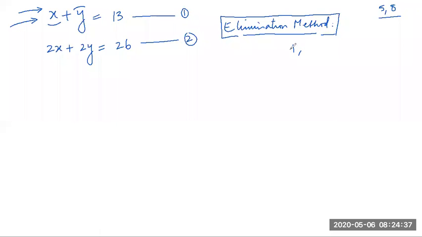Beautiful, this is a solution of the first equation. But does it satisfy the second equation? 2 into 1 is 2 plus 12 into 2 is 24. Luckily it is satisfying, so this is a common solution for both.